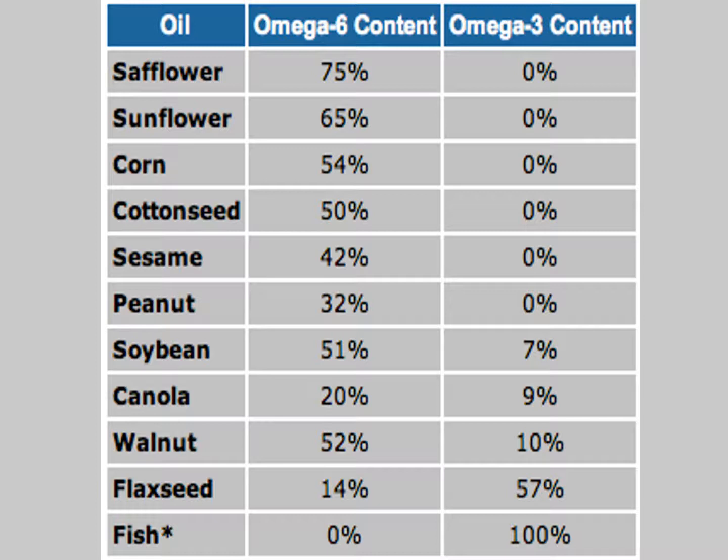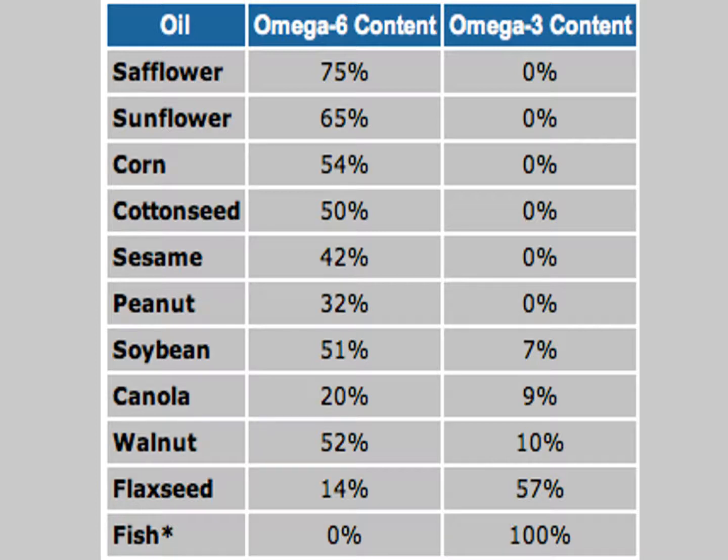So here you can see one content level of omega-3 versus omega-6s. Again, we talked about it before, we need to reduce our intake of safflower, corn, cottonseed oils, those kind of sesame oil. You have to watch that one. Soybean and canola do have some omega-3s.